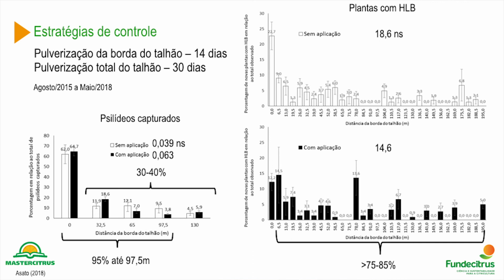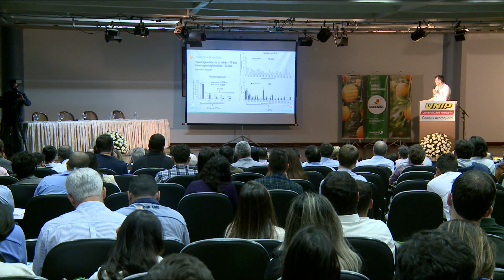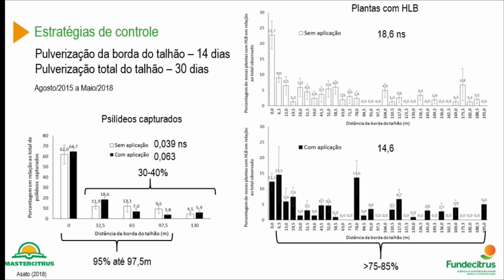So 30 to 40% were beyond the spraying area. If I wanted to control 90% of psyllids, I would have had to spray up to 97 meters, not only the border of the plot, and that has reflected on the population of plants with HLB found.